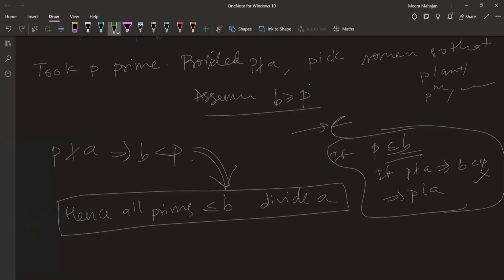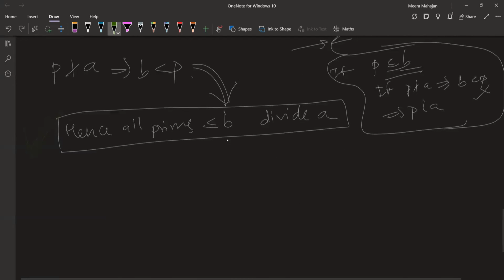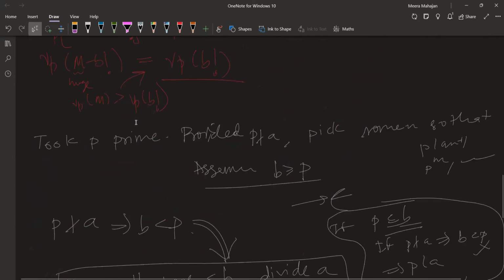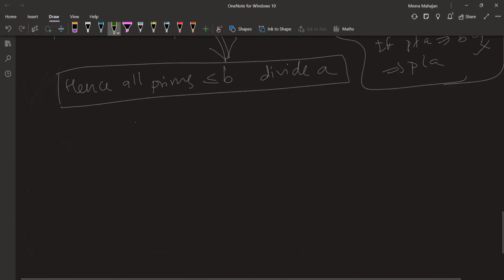And we now have this very important thing, that all primes at most b divide it. And this is a lot of information. Let us just go back and notice the equation that we had.